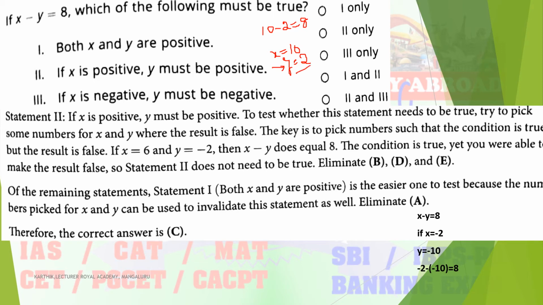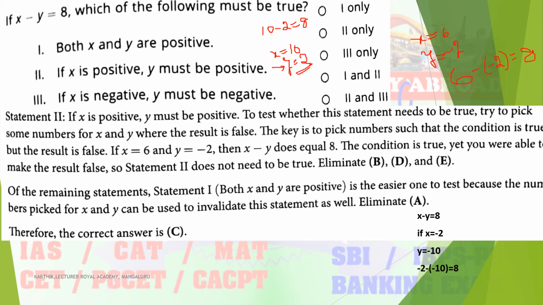So is it necessary that y must be positive? So I will choose x is equal to 6, y is equal to minus 2. Then also I am getting the answer, 6 minus of minus 2, so that also you will get the answer.